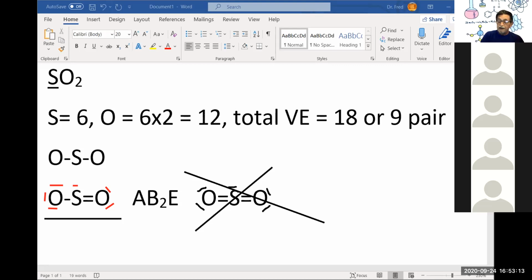If you end up with less than 8, you're incorrect. So you want to move electrons around without violating the octet rule, making double bonds and triple bonds as needed. Remember, we did HCN. We needed a triple bond there to make sure the octet was fulfilled.